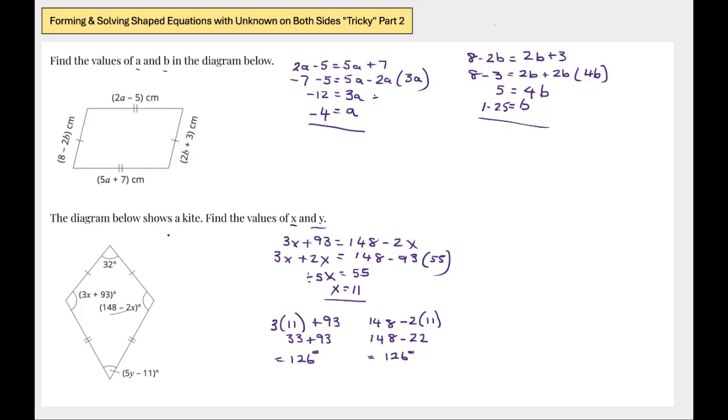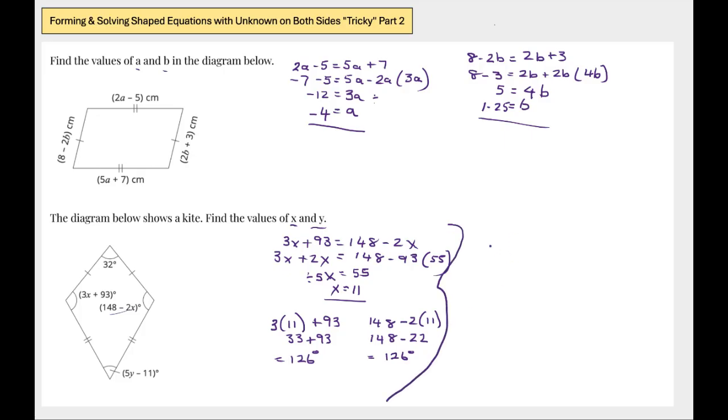Now, find the values of x and y. We haven't done y yet, have we? We haven't dealt with y. So one thing you need to know about this shape, all angles inside will equal 360 degrees. So let's just separate that.